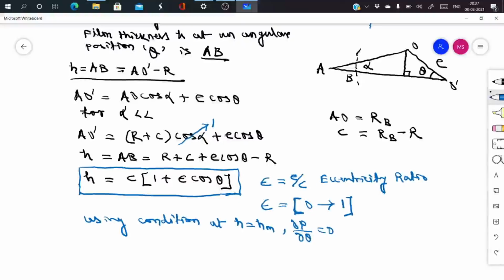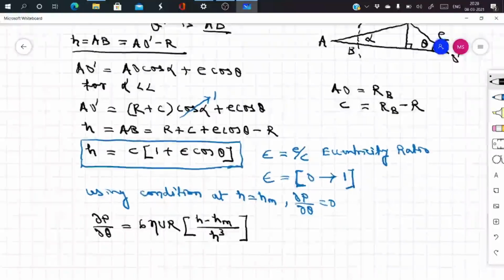So even in polar coordinate system, this equation will become del P upon del theta equal to 6 eta u r times H minus HM divided by H cube.